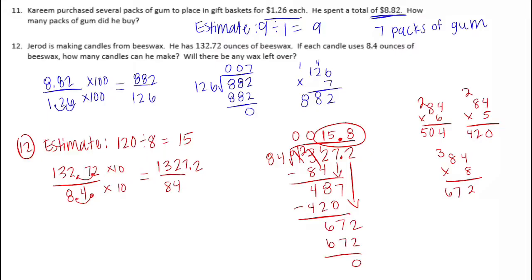So Jared can make 15 candles. And then the last part was, will there be any wax left over? And the answer is yes, there will be wax left over, because we have that little 8/10 part.